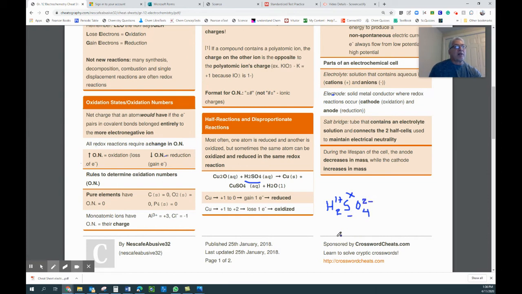So how can I find the oxidation number of sulfur? I will multiply 2 times 1 positive, plus the unknown. I have only one sulfur, so that will be 1 times x, which is x.